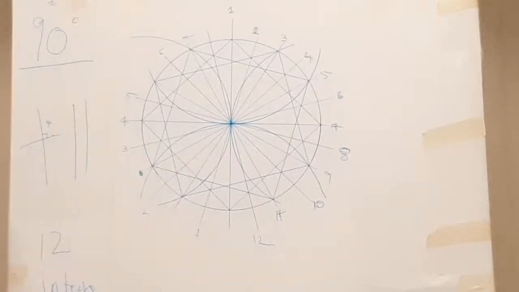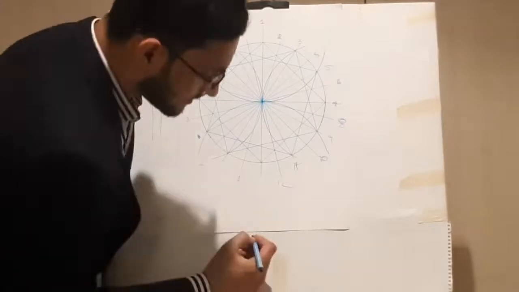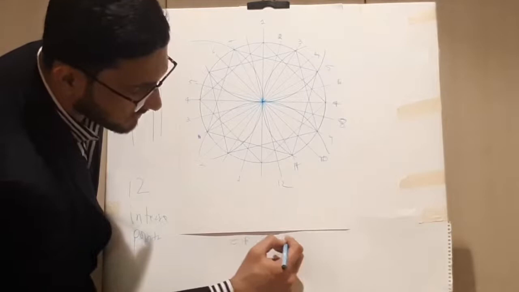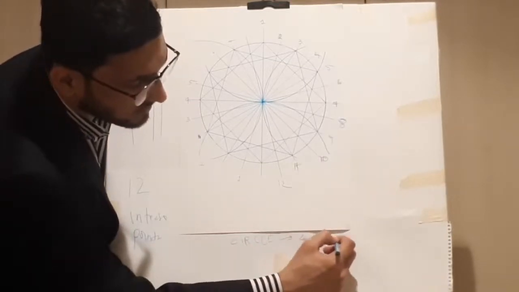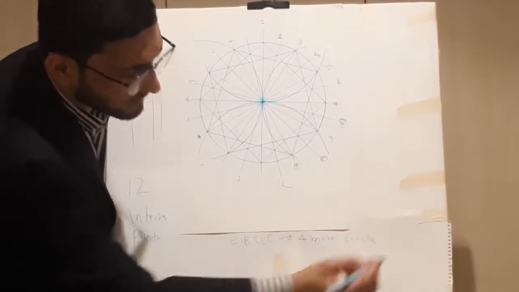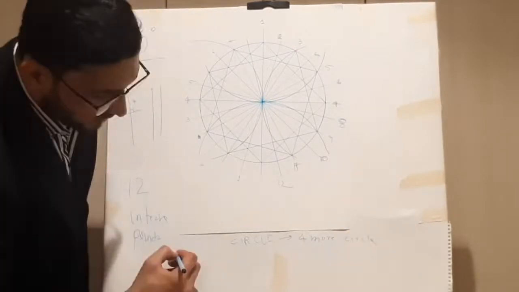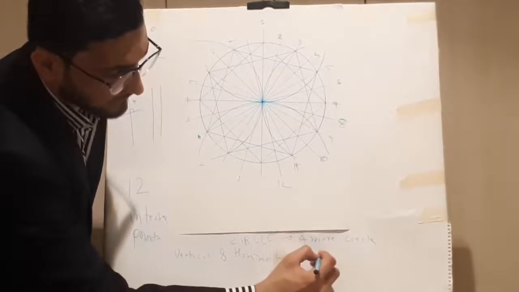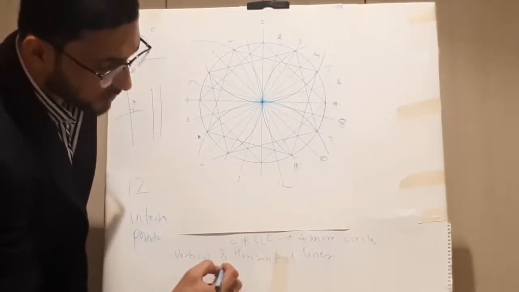Do a quick revision. So first we drew a circle, and then we have drawn 4 more circles. And horizontal lines, and then we have drawn 3 squares.